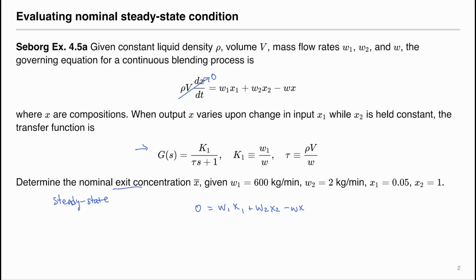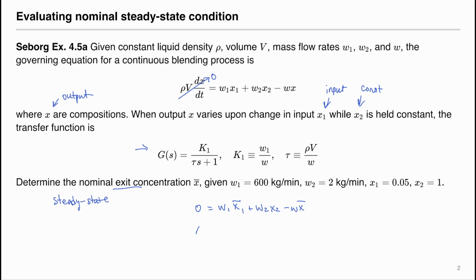The output is x, x1 is the input, and x2 is a constant. So x1 bar is the input at steady state, and x bar is the output at steady state. Notice that x2 does not get a bar because it is constant.